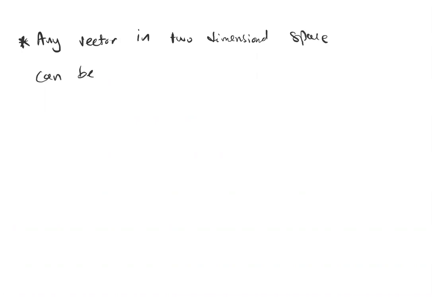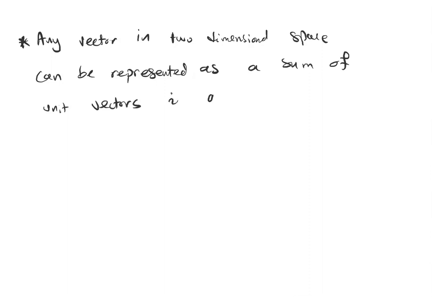Any vector in 2-dimensional space can be represented as a sum of unit vectors i and j. So what are i and j?